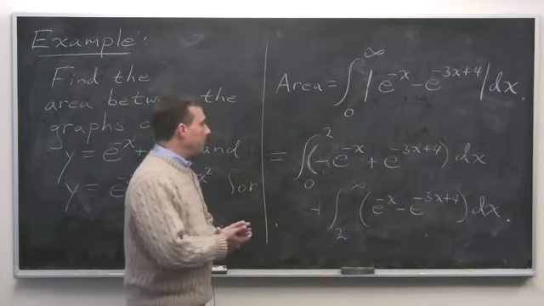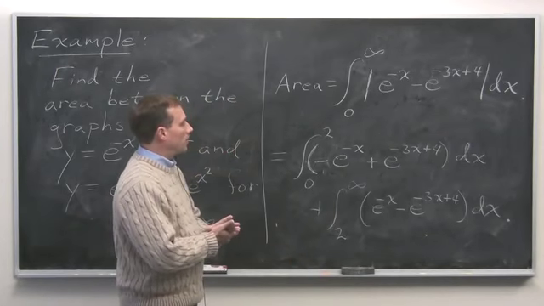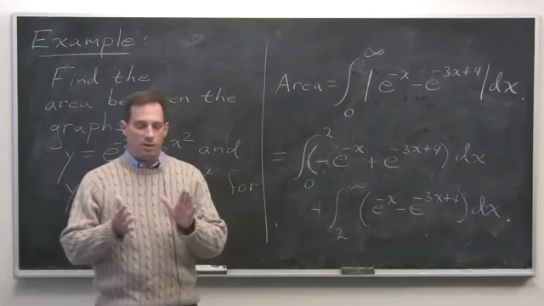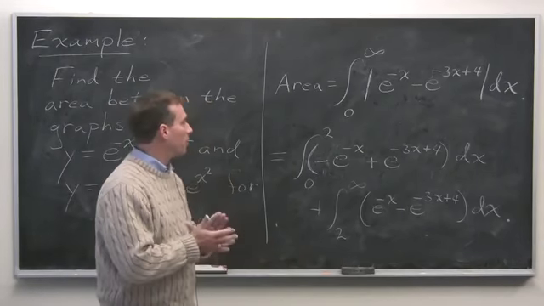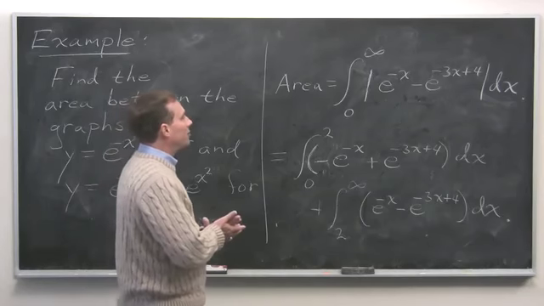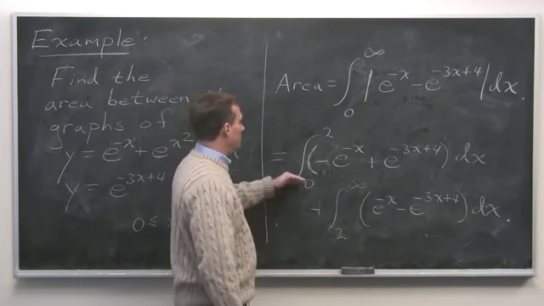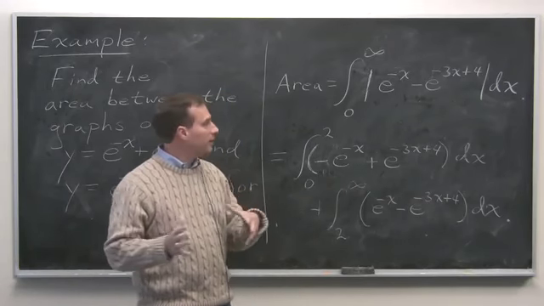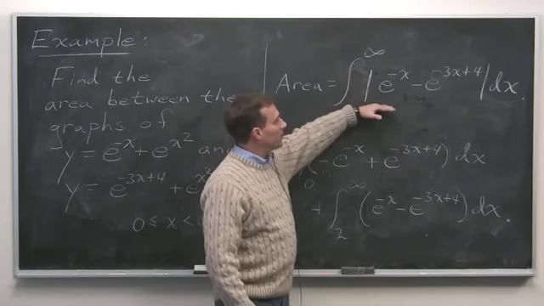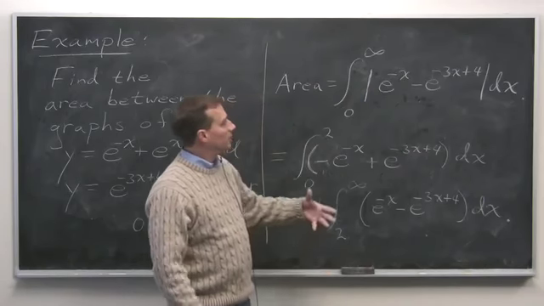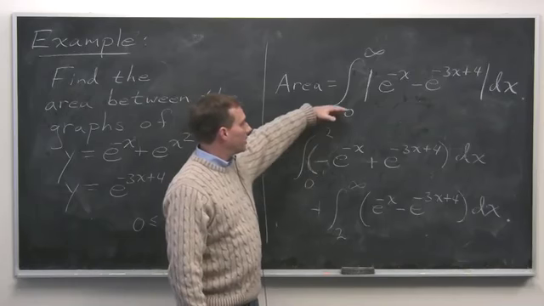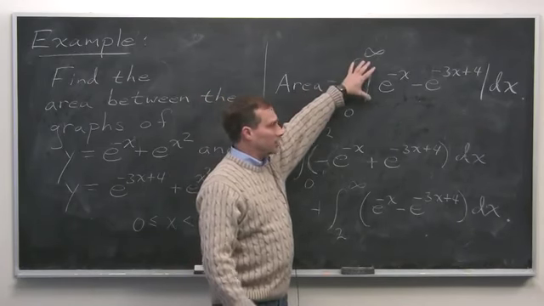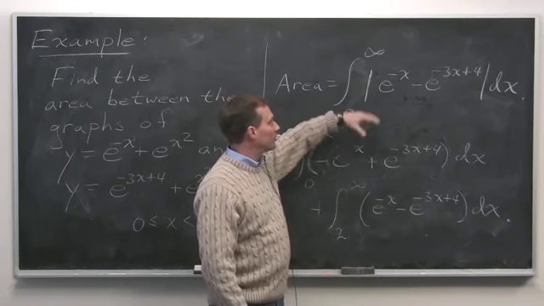I should say something else. If we assume we've already done the other problem where we integrated from 0 to 3, you could split this up a second way. Instead of going 0 to 2 and 2 to infinity, if you already have done the integral from 0 to 3 of this absolute value, then you could split this up at 3 and take the answer you get from the last one from 0 to 3.